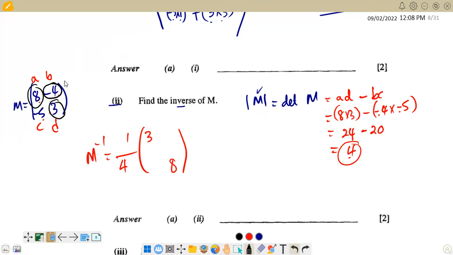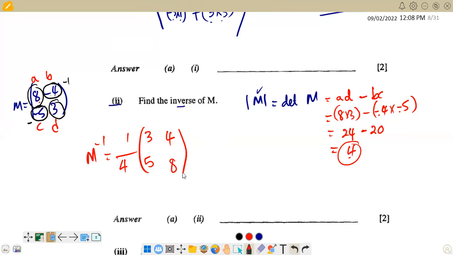This one multiplied by a negative, so it's negative times negative, which is a positive 4. Multiply this one by a negative also. So it's -1 times -5, which is a positive 5. So you multiply by a negative along the minor diagonal.